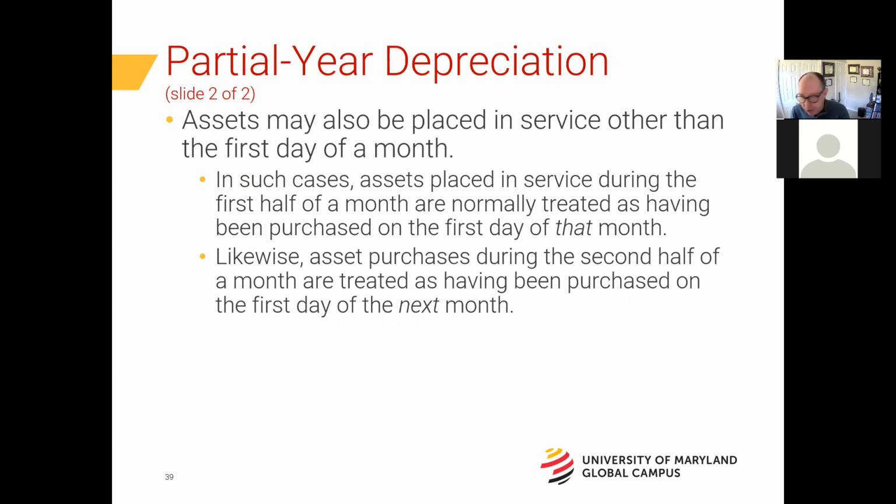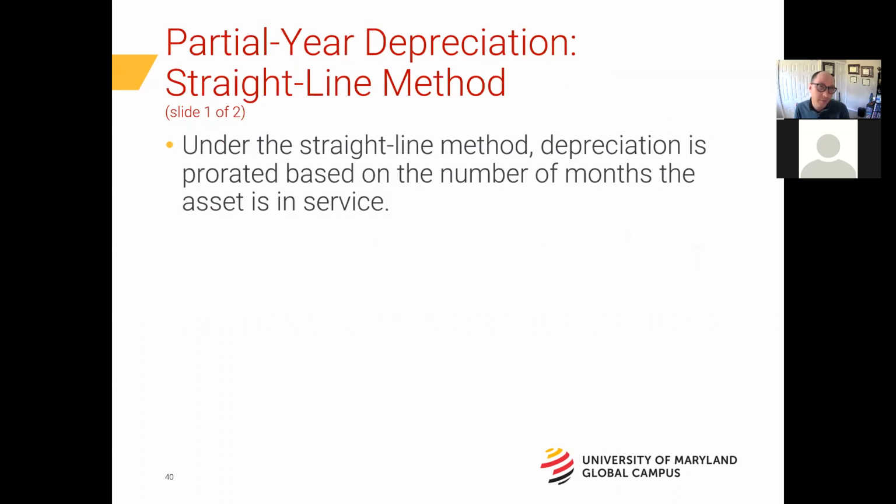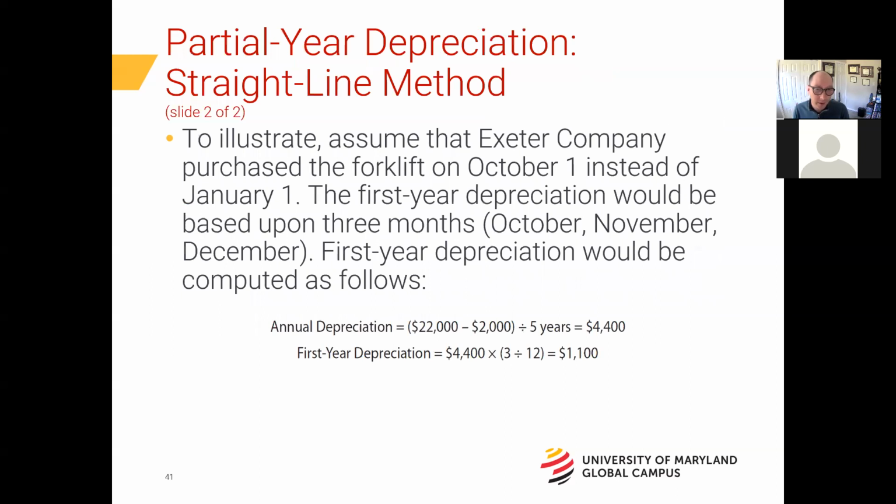And then it's very simple. All you do is, once you've figured out what the yearly depreciation amount is, it's just a matter of dividing that by 12, right? And then multiplying it by the number of months it was actually used. So under straight line, as I had said, this works the same way.